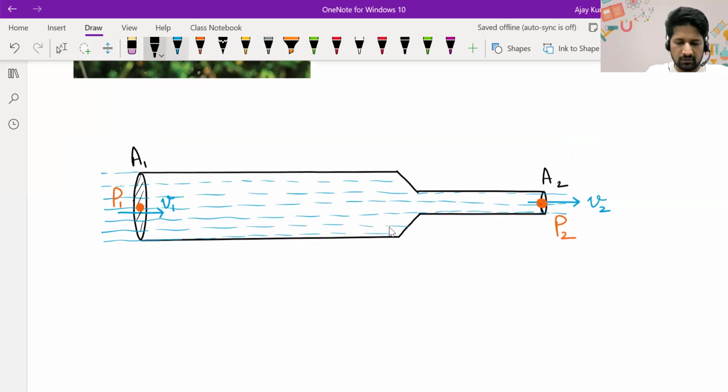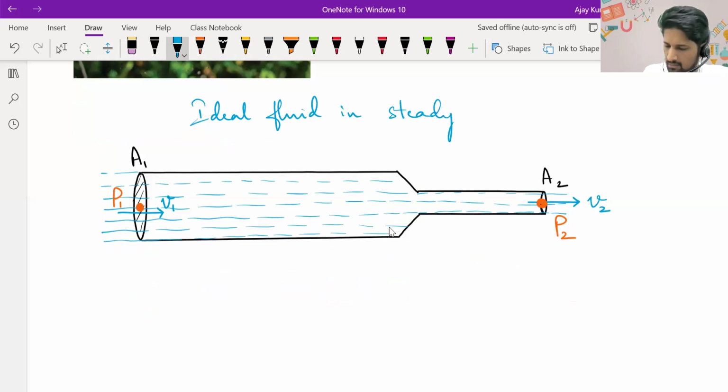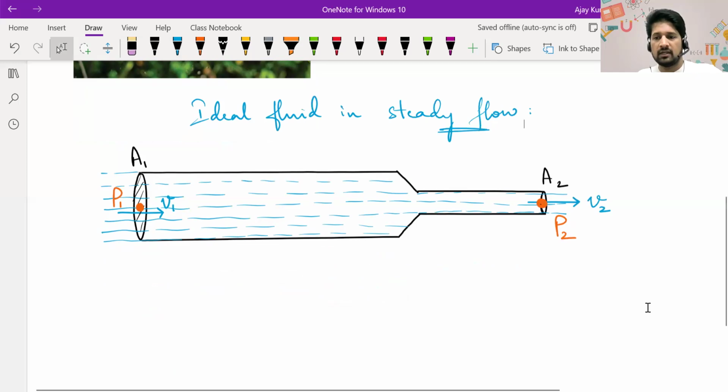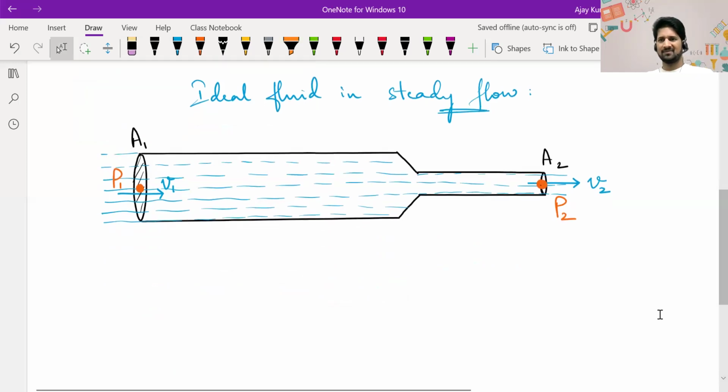Fine. So assuming it's an ideal fluid in steady flow, can one of you quickly tell me which speed will be greater, V1 or V2?